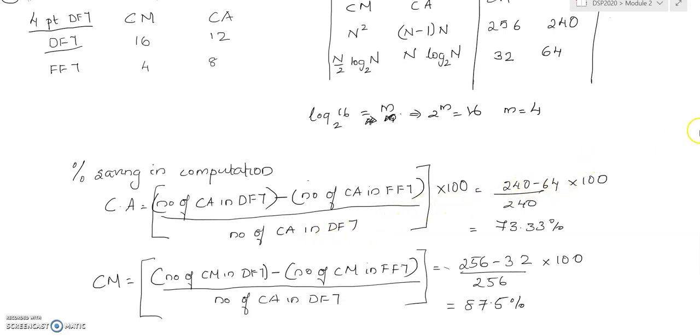We have taken the case of computational efficiency for N equal to 16. In that case, you can see that there is a saving of 73% in terms of complex additions and 87.5% in terms of complex multiplications. That is what happens in this case, and I hope the topic is clear.